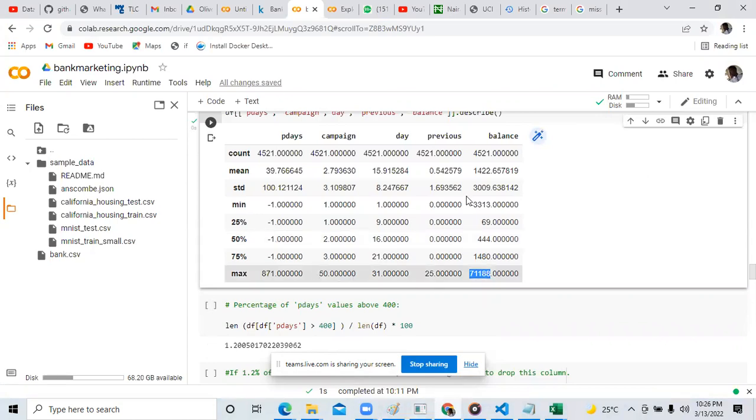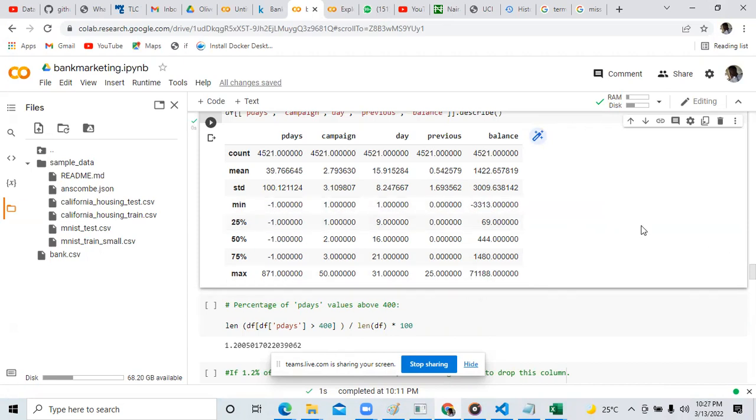I don't think so. Right, so this must flow, and then you look at your minimum and maximum. Minimum is 1, maximum is 31. Minimum is 0, maximum is 25, problem. Minimum is minus 331, maximum is 71,000.